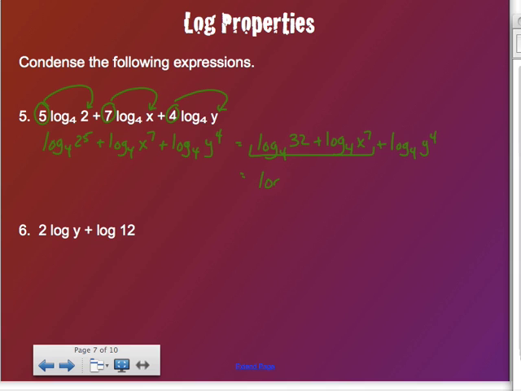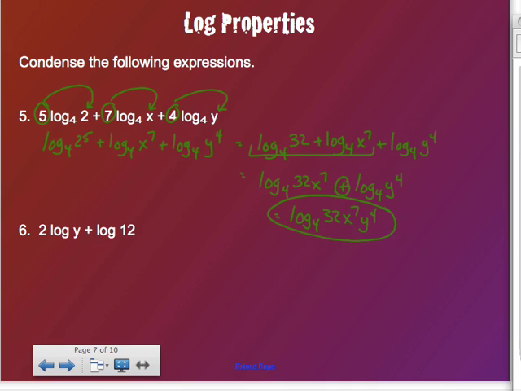So I really have log base 4 of, addition implies multiplication, so 32x to the 7th. Okay, still got that plus log base 4 of y to the 4th. And the only thing left again is another plus. Another plus implies multiplication, so I really have log base 4 of 32x to the 7th y to the 4th.